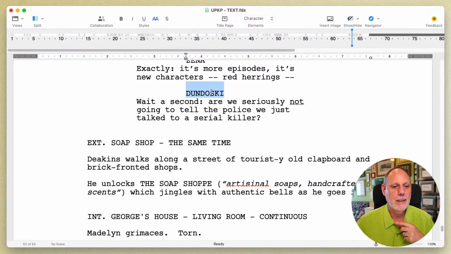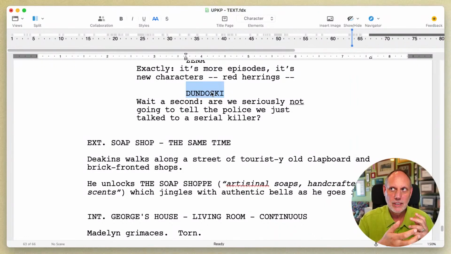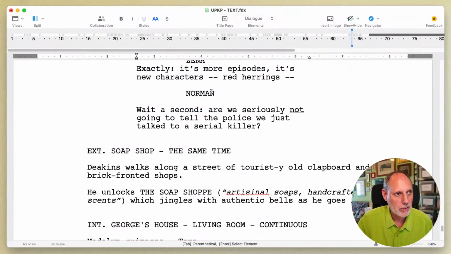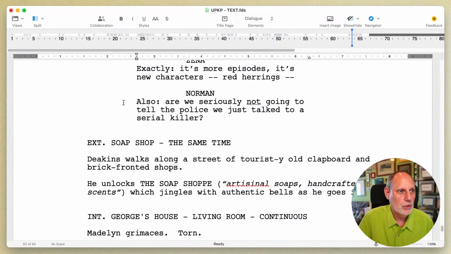Norman is a more important person in this story than Dundosky, and it is kind of weird that Dundosky is like police. It's just not his nature. So I'm thinking I'm going to give this to Norman. And also, are we seriously not going to tell the police we just talked to a serial killer?